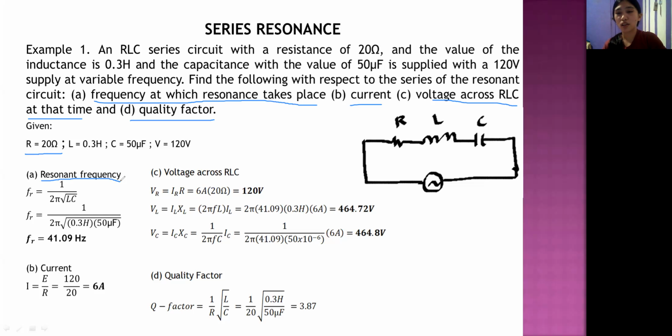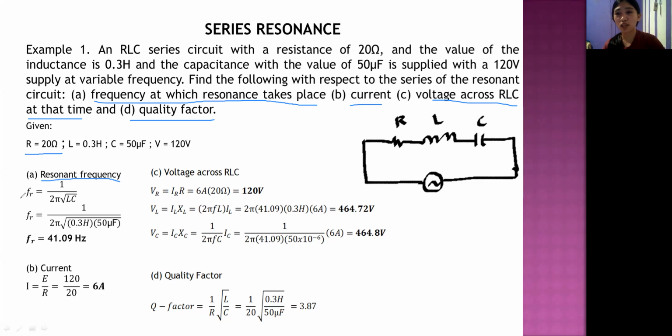Earlier, I made a summary of the basic formulas under series resonance. First, we'll consider the resonant frequency, which is equal to 1 over 2 pi square root of the inductance times the capacitance.